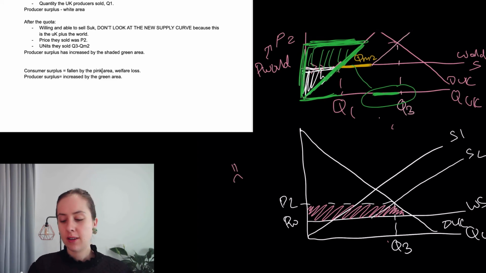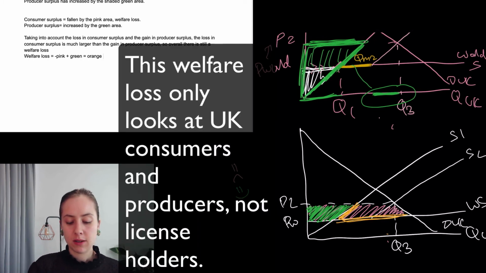That was lost. At the same time, we gained some welfare. Producers gained all of this bit back. So overall, we're still left with a welfare loss, that bit here. All that welfare has been lost.